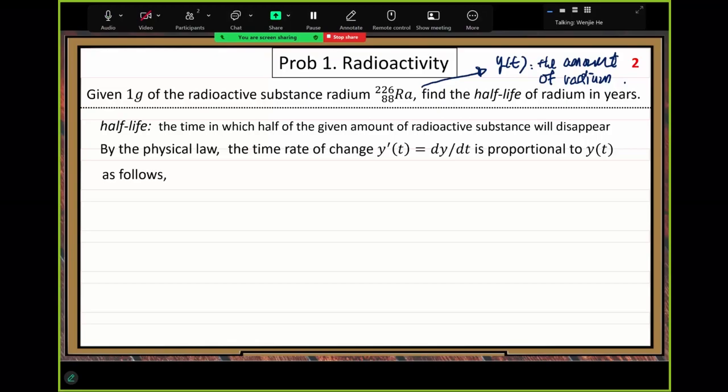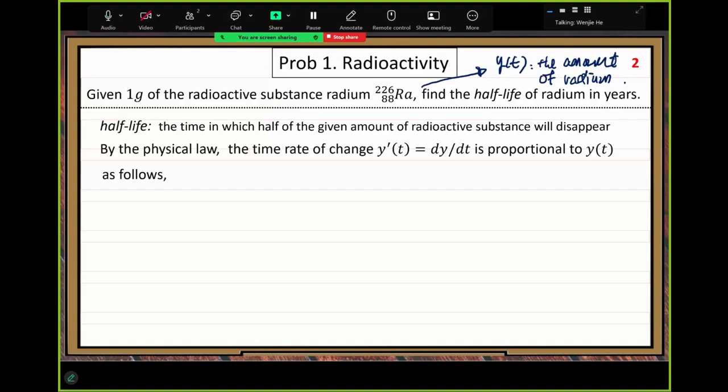Then, because it is changing, there is a rate of change concept. A function changes at a certain rate. How do we represent rate of change?